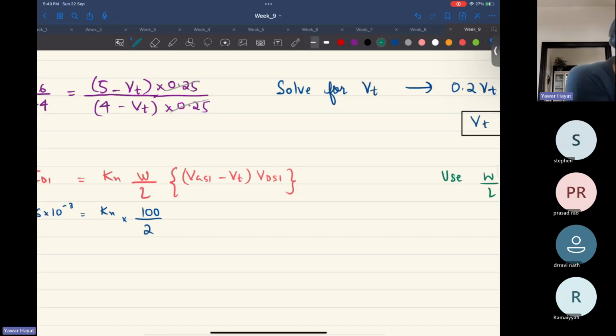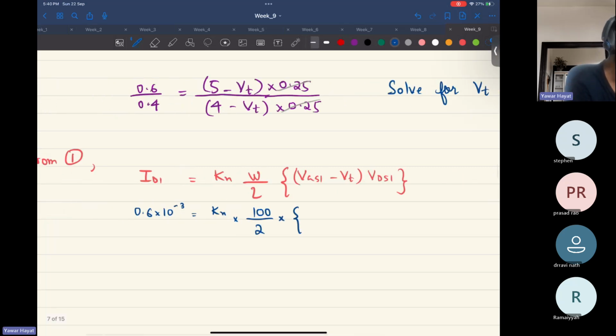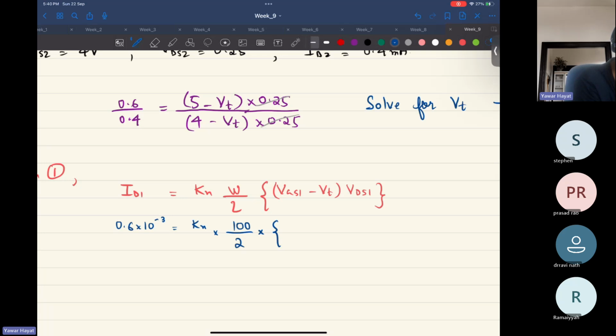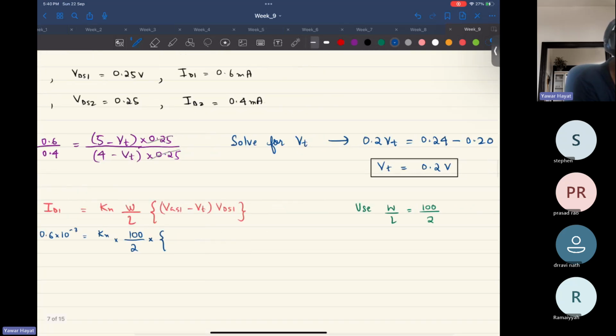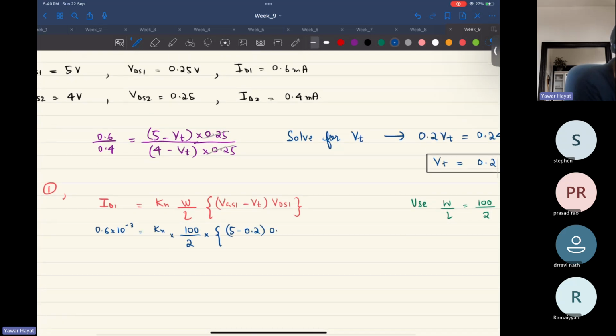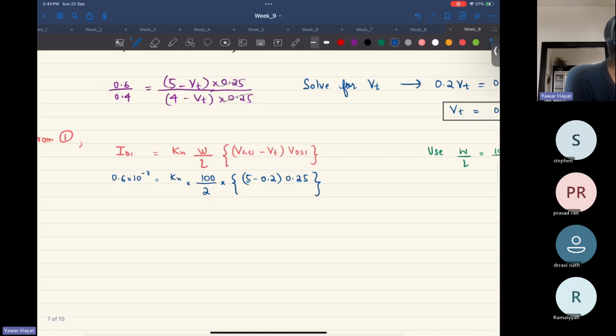So then VGS1 minus VT. VGS1 is 5 minus VT, and what is VT? VT is 0.2. So this is 5 minus 0.2 times your VDS1, which is 0.25. You can figure this out.